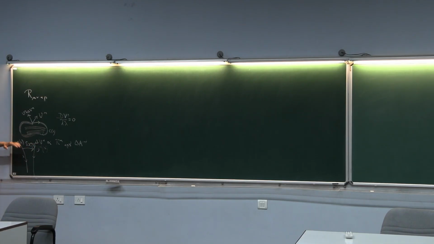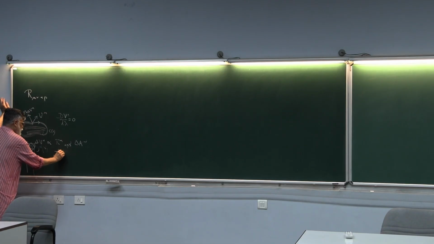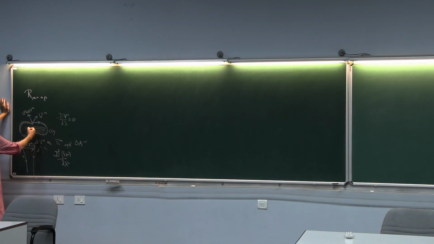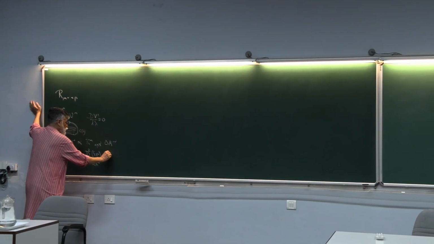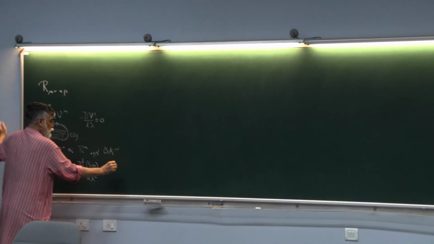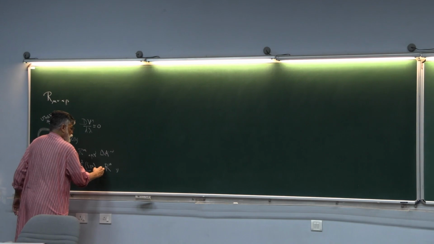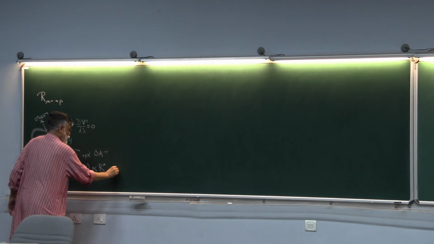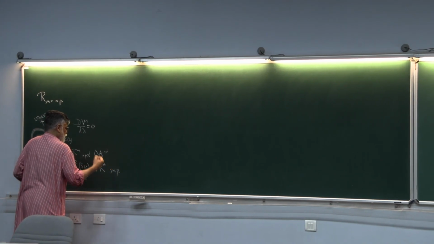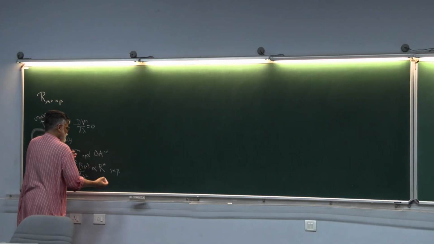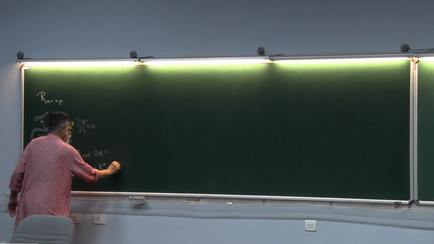And the geodesic deviation equation tells me that d square delta x mu by d lambda square, where lambda is the parameter parametrizing the geodesic, is proportional to R mu nu. Proportionally there will be a sign factor, I don't remember whether it is plus or minus, and so on.